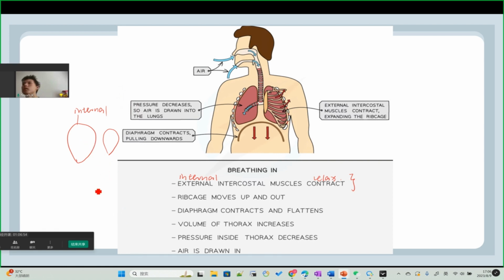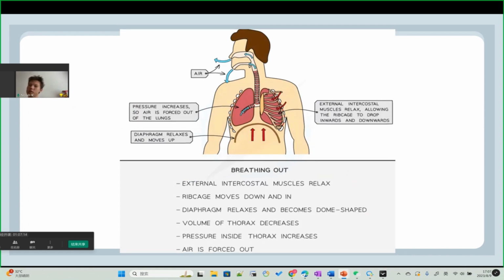So, in order for the volume to get larger, the muscle should relax, and it's quite similar to the peristalsis of esophagus. Okay. When the outer layer relax, the volume can be larger. So, for breathing out, the external one should relax, internal one contract.